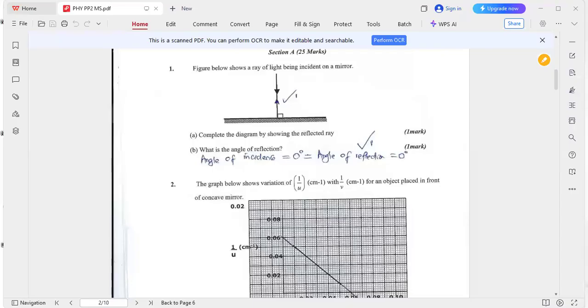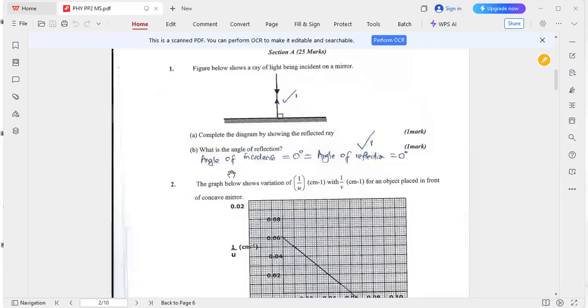The figure below shows a ray of light being incident on a mirror. Part A, complete the diagram showing the reflected ray. So anything to do with geometric objects, any ray drawn should have an arrow.